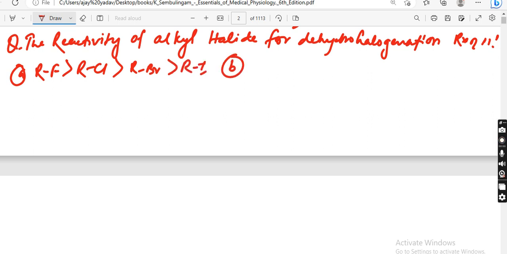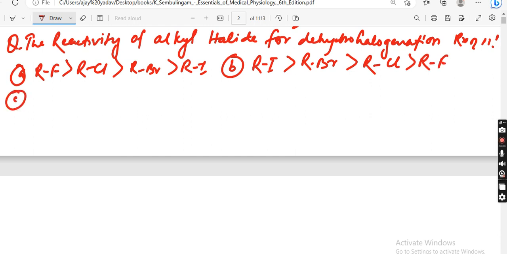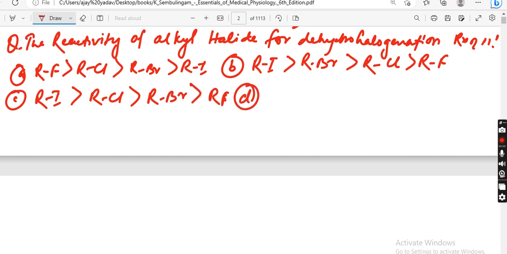Option B is RI, RBr, RCl, RF. Option C is RI, RCl, RBr, RF. Option D is RF, RI, RCl, RBr.